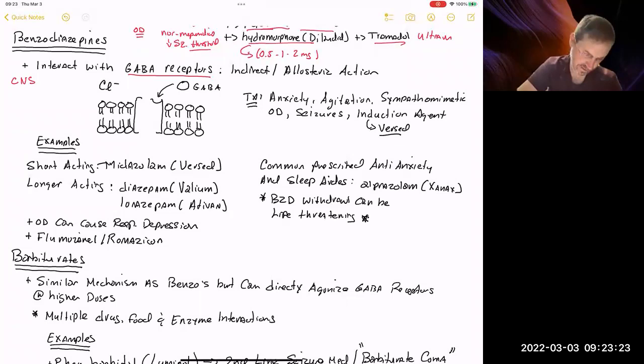The primary excitatory neurotransmitter in the central nervous system is glutamate. And the primary inhibitory neurotransmitter inside the brain is gamma-aminobutyric acid, also known as GABA.